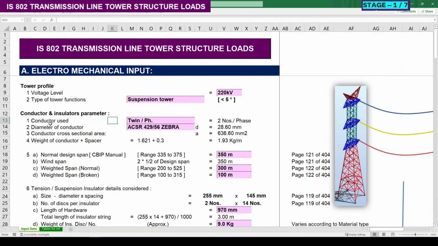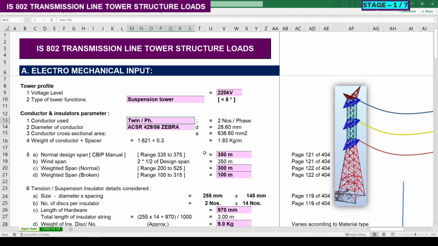Next one is the conductor and insulator parameter. Here we can consider a twin conductor. Generally we have a basic idea about the conductor type which we are going to use for the transmission line towers.